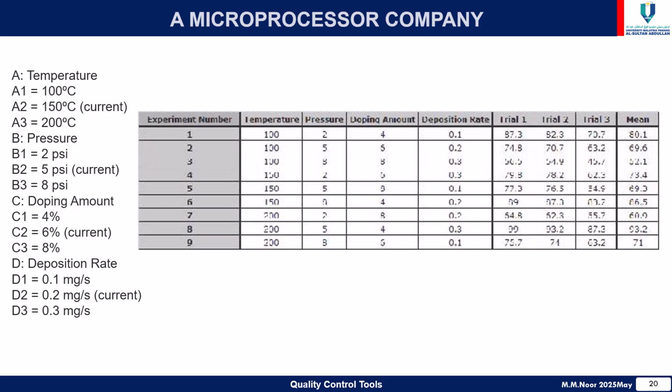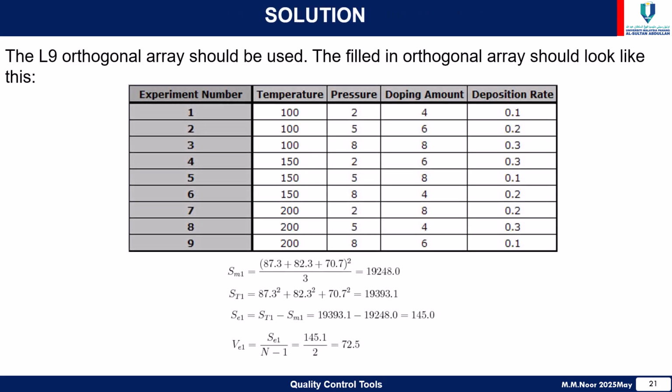And the second one is the solution. The L9 orthogonal array should be used. The filled-in orthogonal array should look like this. And below the table, there is a calculation that uses the formula from the orthogonal arrays.